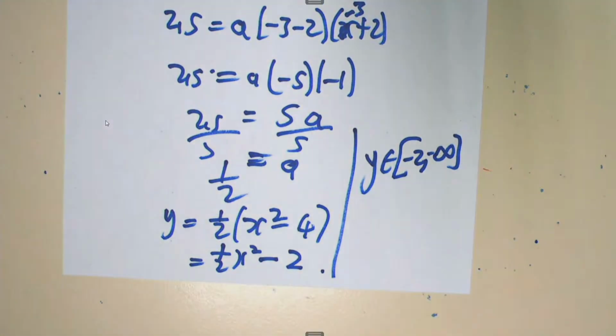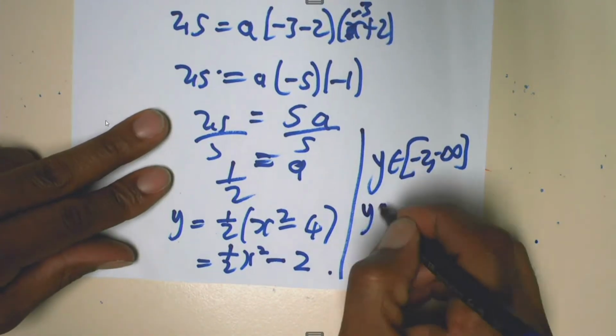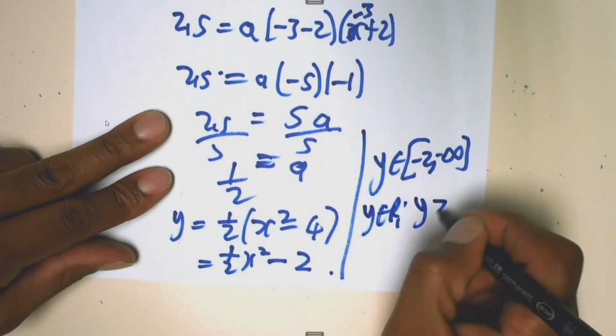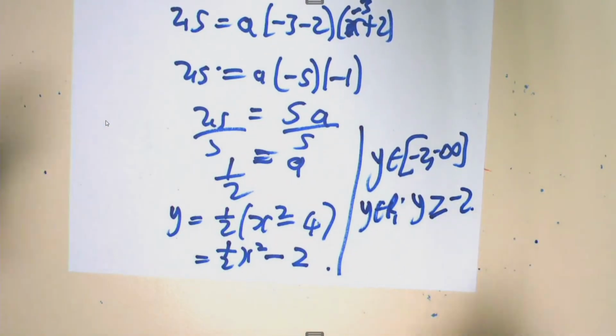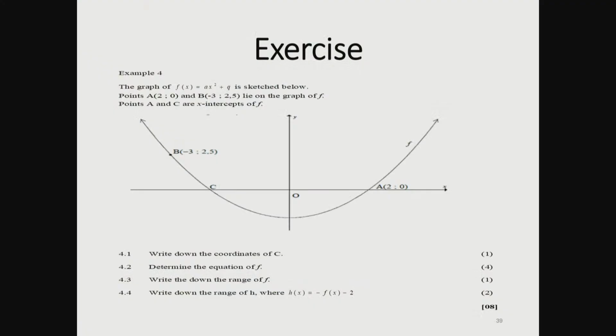You are 100% correct. Or one can say y element of real numbers, y is greater than or equal to minus 2. Please keep it in mind and make sure that you practice how to do it.